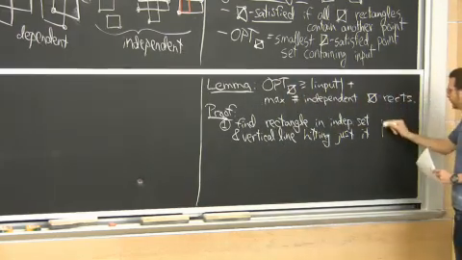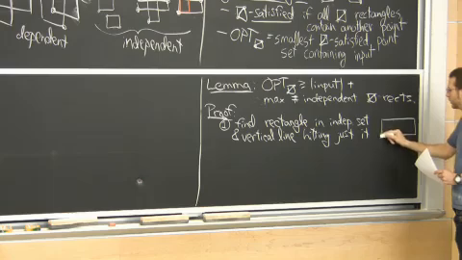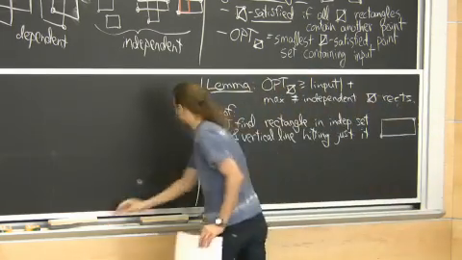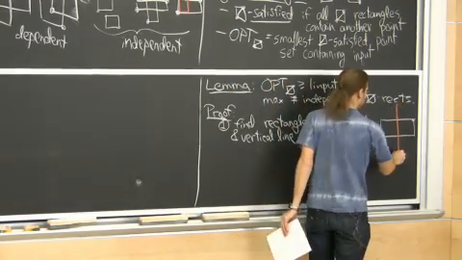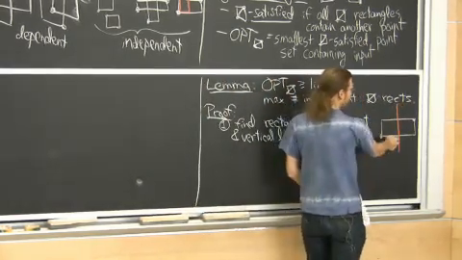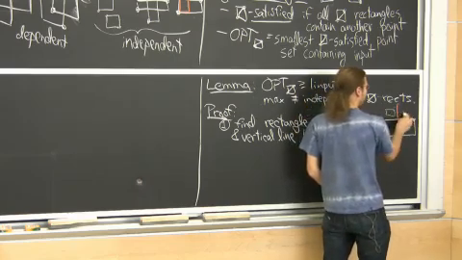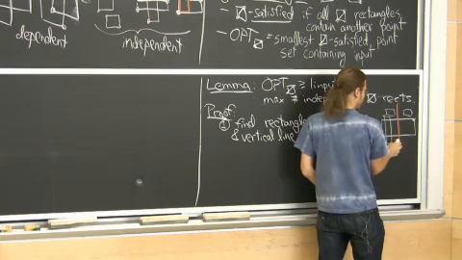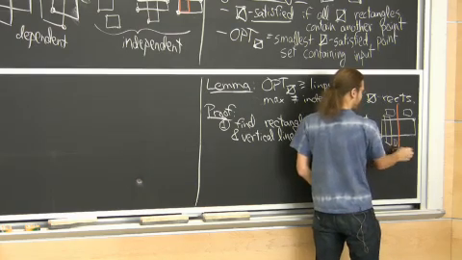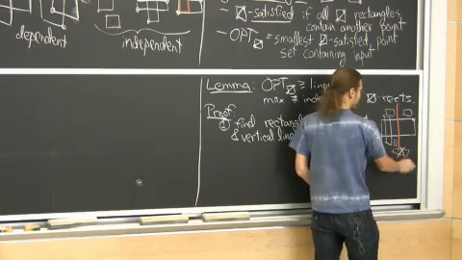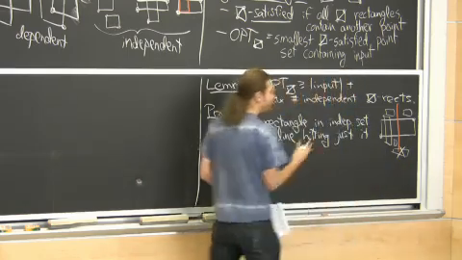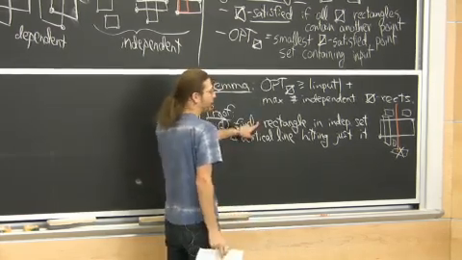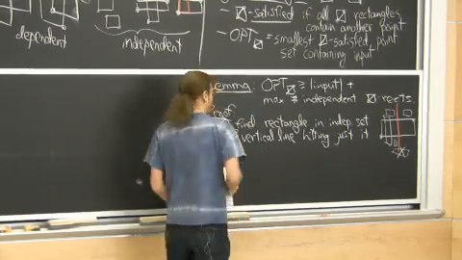So we're going to have some rectangle in the independent set, and we want a vertical line stabbing it such that no other rectangle is stabbed by this vertical line. All other rectangles, it's independent, so maybe they look something like this. Nothing like this. Not obvious that such a thing exists, but it does. Actually not that hard to find. We just need some rectangle with some line.